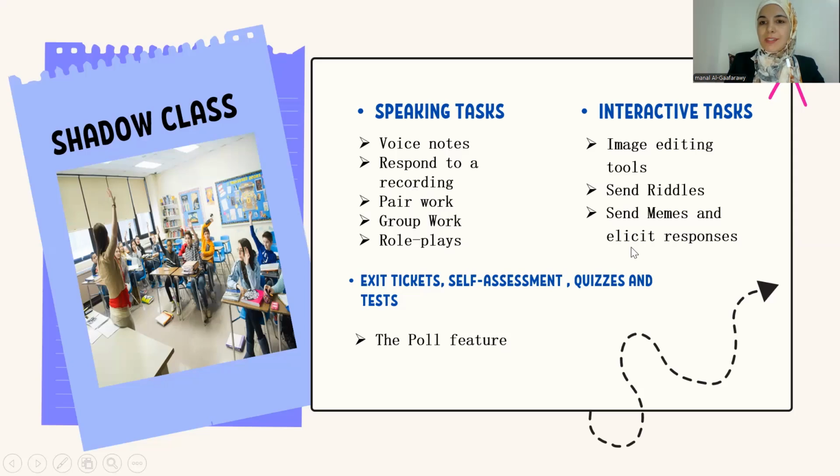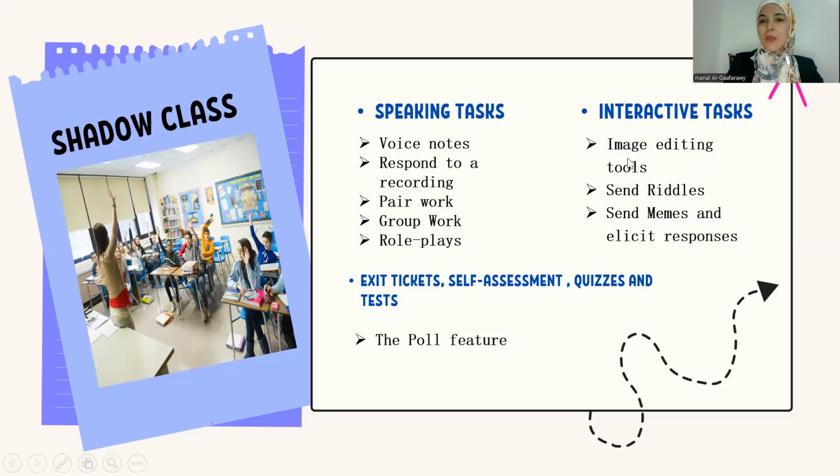Other tasks or affordances that WhatsApp can provide us is the feature of image editing. All of us send images on WhatsApp. So we can make use of those images. For example, we can send worksheets, we can send graphic organizers, we can send texts.